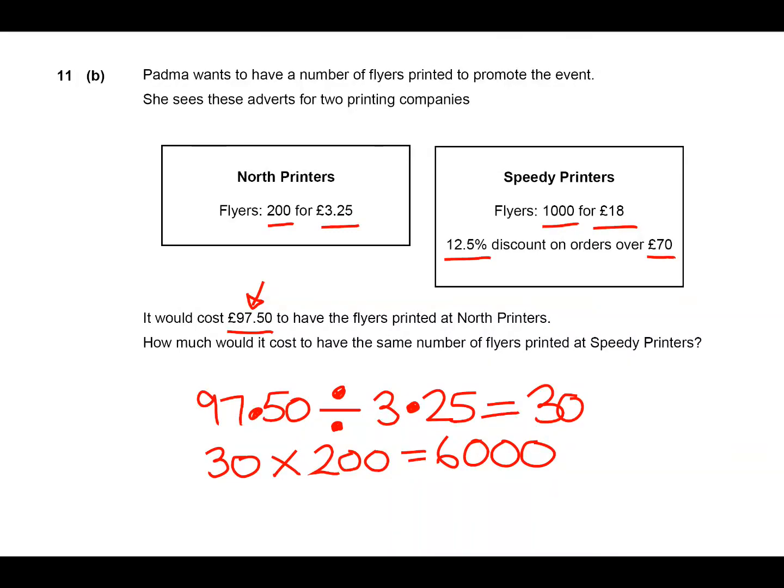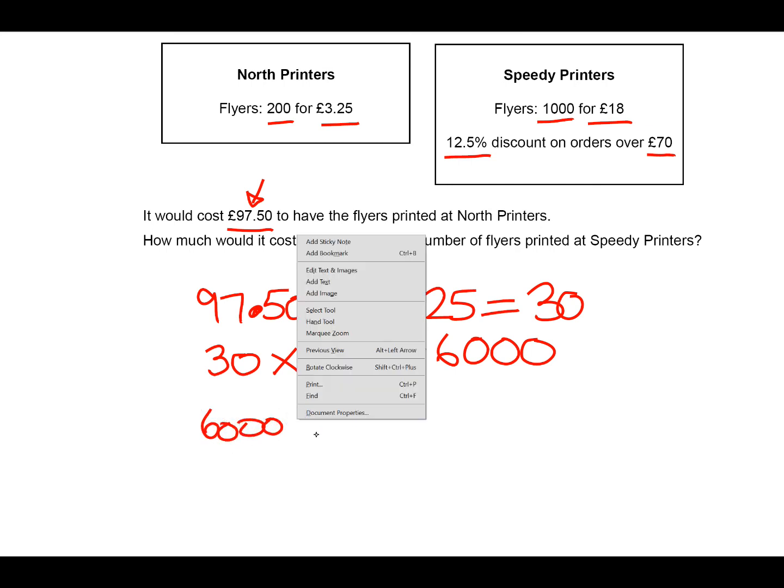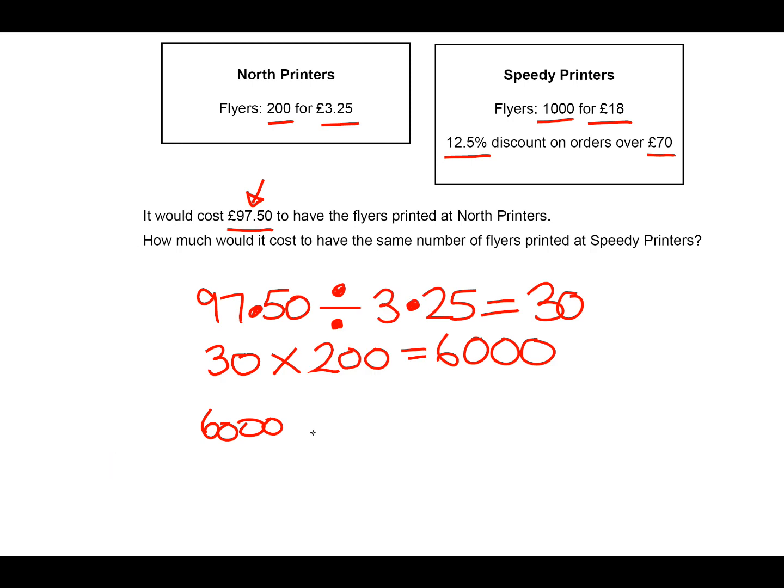Now, let's work out how much it's going to cost to get 6,000 printed by Speedy printers. So the flyers, we're told here, are 1,000 for £18. So we've got 6,000 that we're going to divide by 1,000.